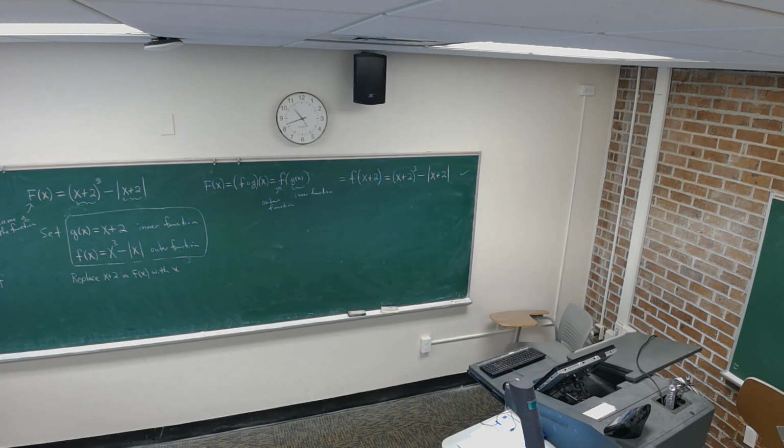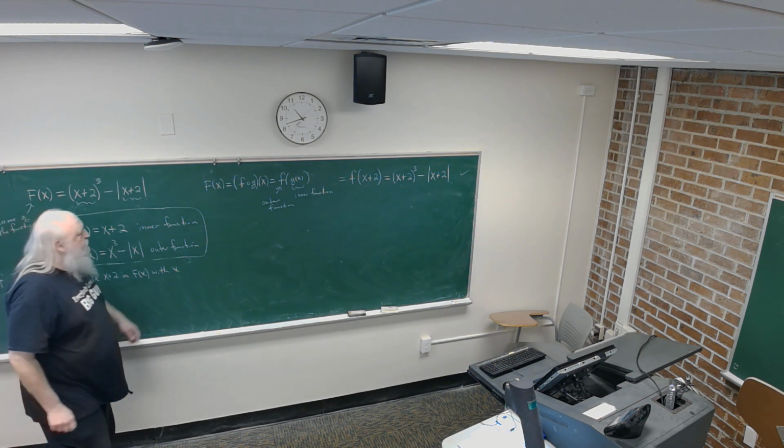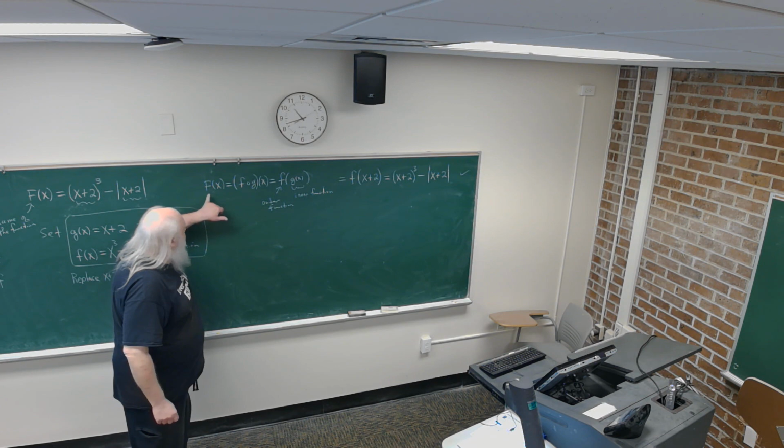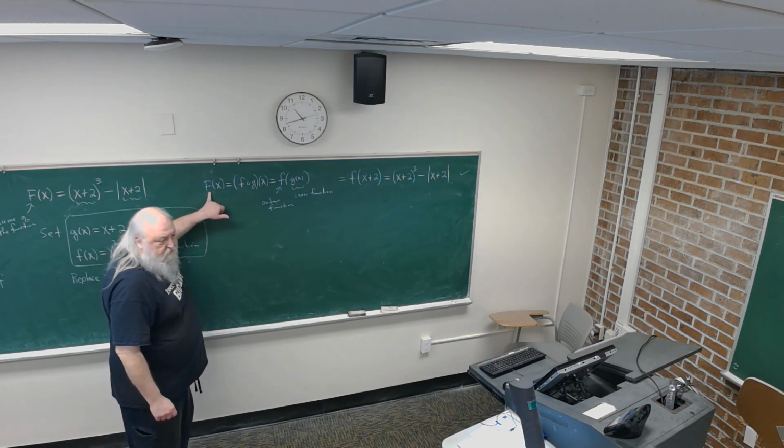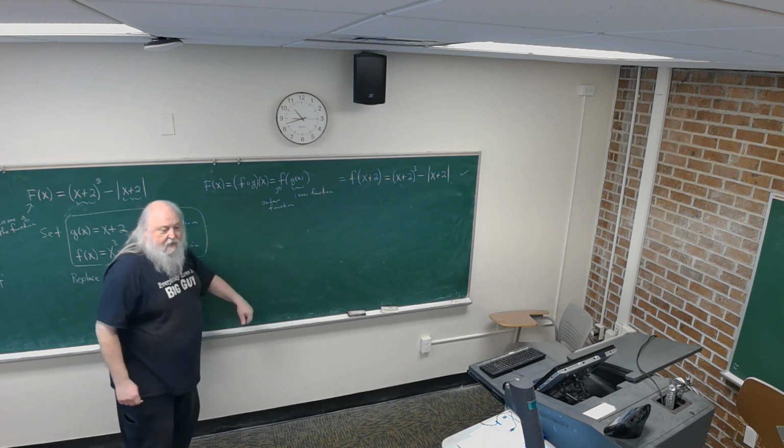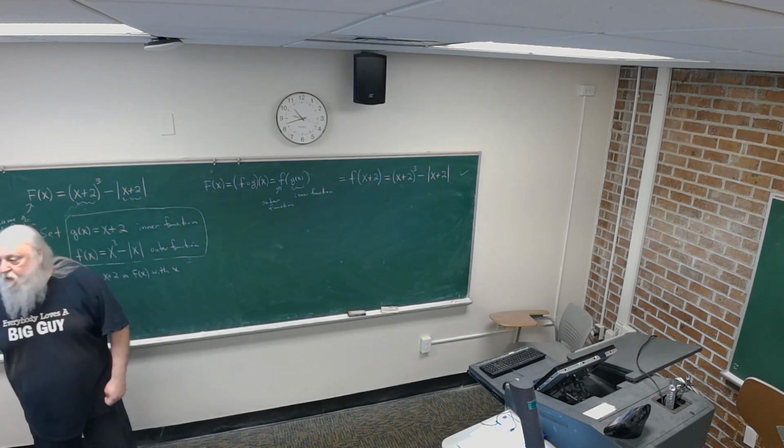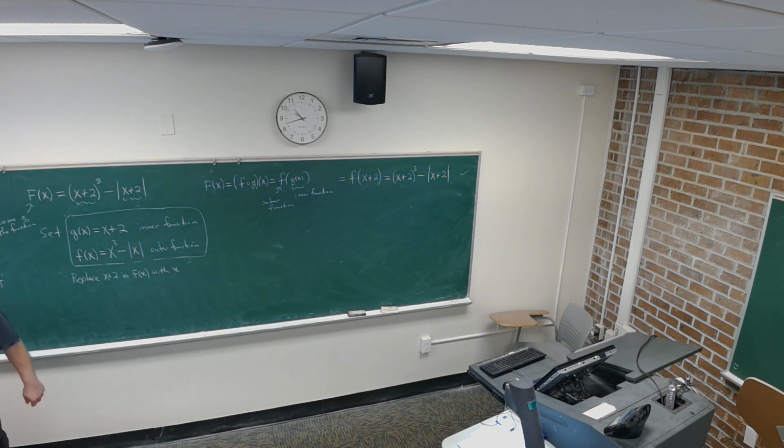Big F of x and little f of x are two different functions. It's not intended to confuse you. We could have used little h here and said little h of x is equal to the composite of little f and little g. Remember, we just use letters of the alphabet to name our functions. And there's a difference between the function big F and little f. There's a big difference between big G and little g, big H and little h.